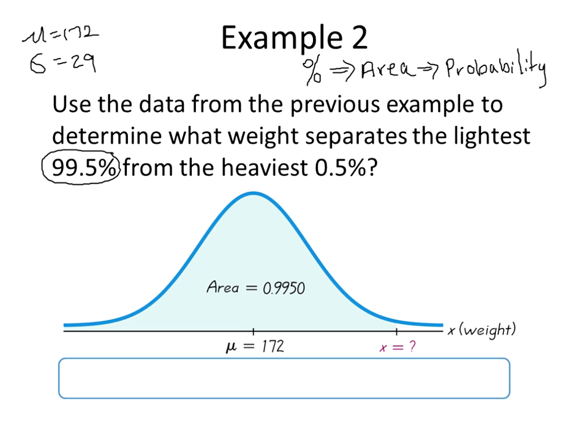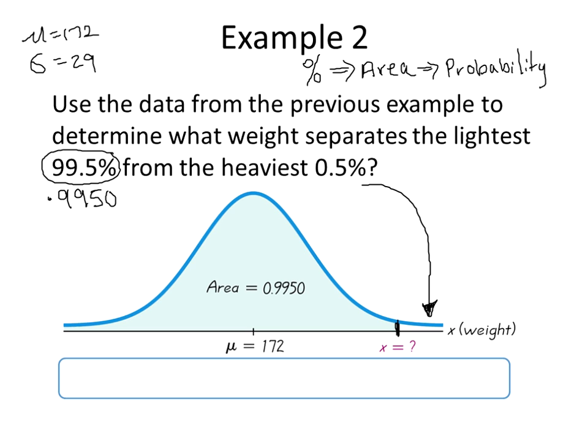If you're given a percent, you're given an area, and that's what we're given here. You have to turn that percent into a decimal, so 0.9950. I'm purposely making sure that I have 4 places after the decimal, because in your table we have 4 places. When you look at our graph here, that is the area to the left. The heaviest 0.5% is located on the right of your graph.